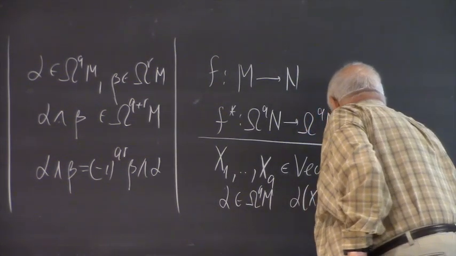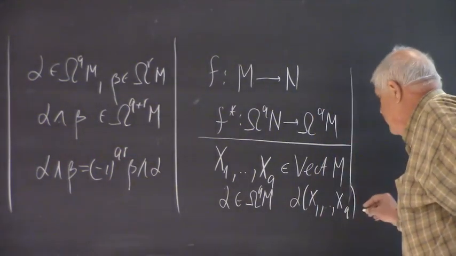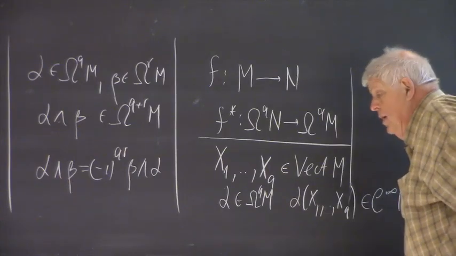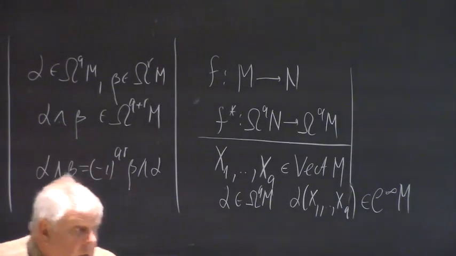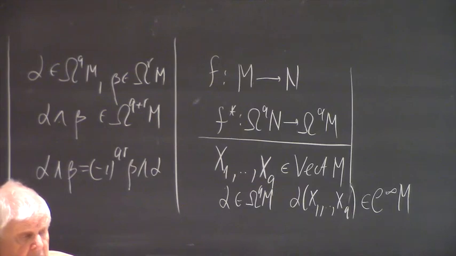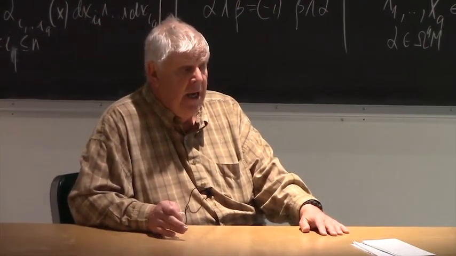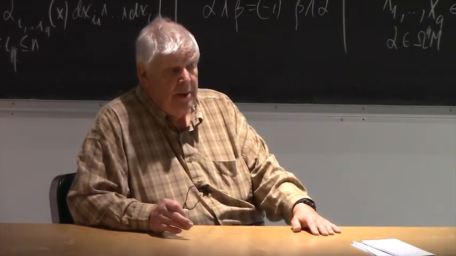We plug all these vector fields into alpha, and alpha becomes a sort of multilinear form on the space of vector fields with values in C infinity(M) functions. When I say multilinear, I mean linearity over functions. That is, if alpha depends on q arguments and you multiply any of these arguments by a function, then the value will be multiplied by the same function.